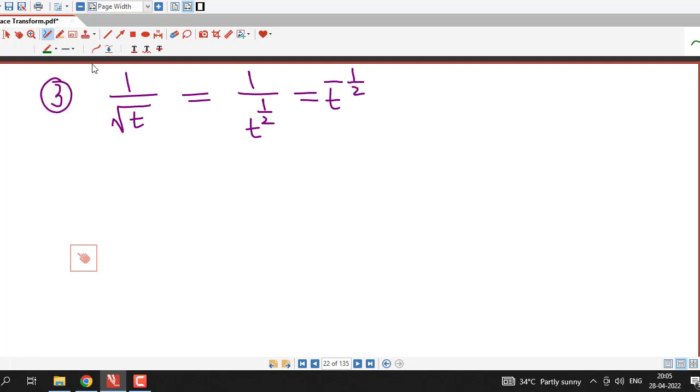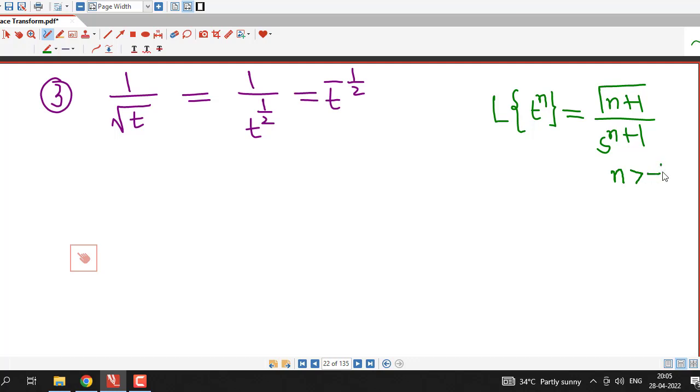For this we have to use the formula which we have derived: the Laplace transform of t raised to n is given by gamma of n plus 1 divided by s raised to n plus 1, and this is valid for all values of n strictly greater than minus 1. You can compare this t raised to minus 1/2 with t raised to n, and here n is minus 1/2, which is greater than minus 1. Therefore we can use this formula. So in this formula we just have to put n equal to minus 1/2.